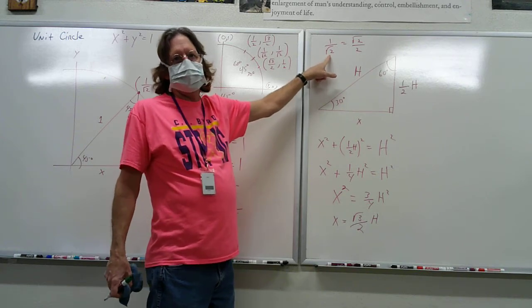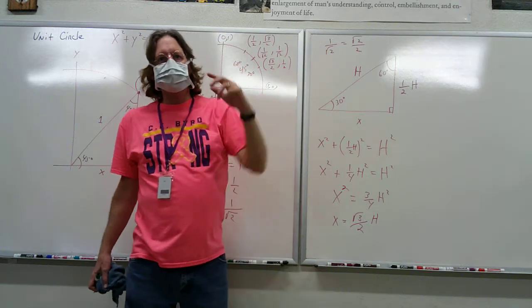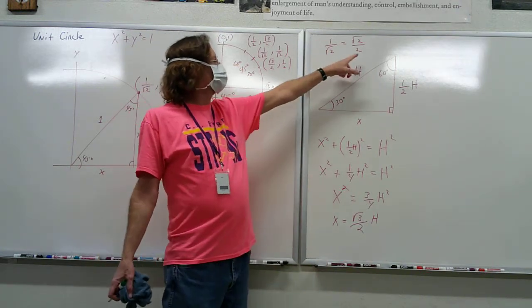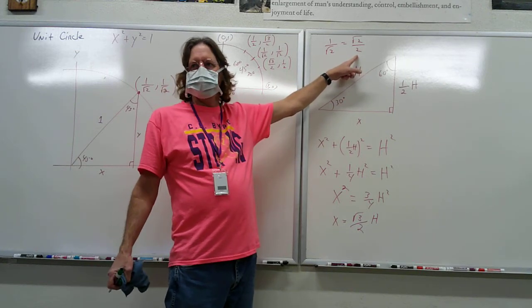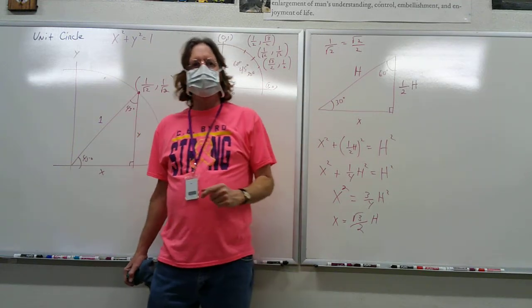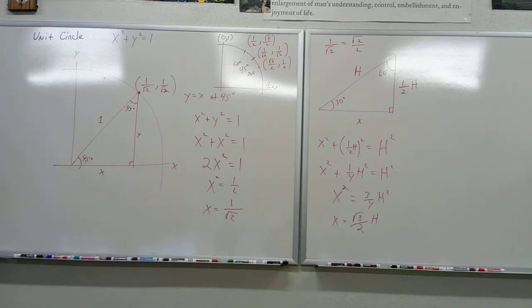Some of the answer keys will leave this, some of them will leave that, according to which grad student was doing the answer key for the guy that wrote the book, or the woman that wrote the book, as in the case of Margaret Lyle. Okay? Dr. Margaret Lyle wrote a lot of textbooks for college students. But that's the key right there. This is the key beginning of trig.